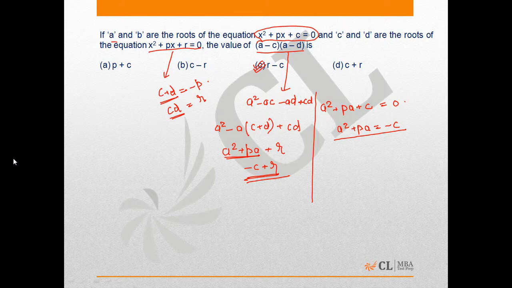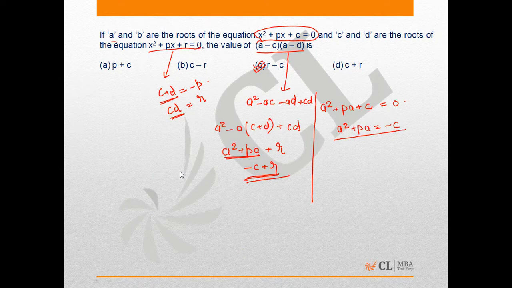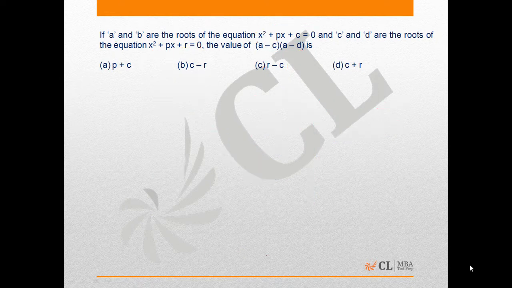Let us talk about the alternate process. I know x square plus px plus c has the roots a and b. For a moment, I assume x square plus 3x plus 2 is an equation with the roots a and b as minus 1 and minus 2.